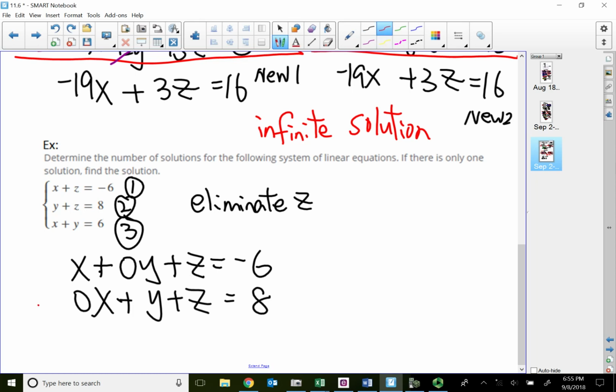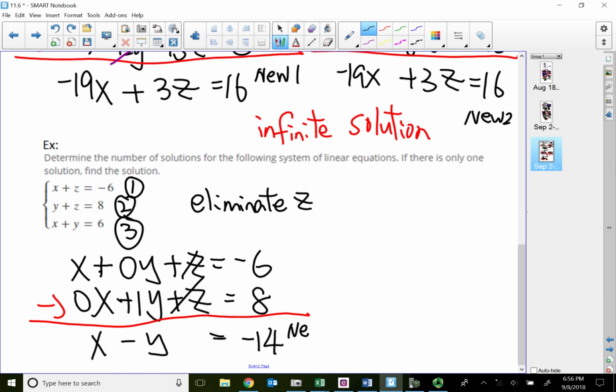We will subtract. So when I subtract, x minus 0, or 1 minus 0 is 1x, but 0 minus 1y is negative y. Z cancels out. -6 minus 8 is -14. So this is my new equation number 1.